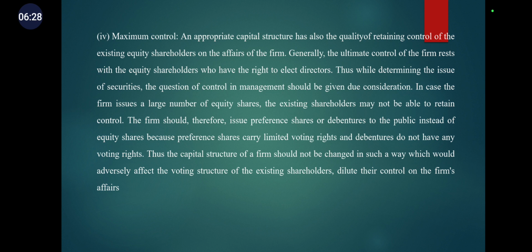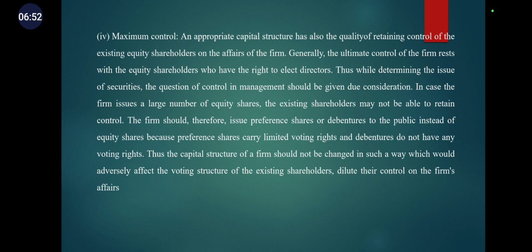So you should have maximum control with the existing equity shareholders. The ultimate control of the firm rests with the equity shareholders, because only they have the right to elect the directors, not others.